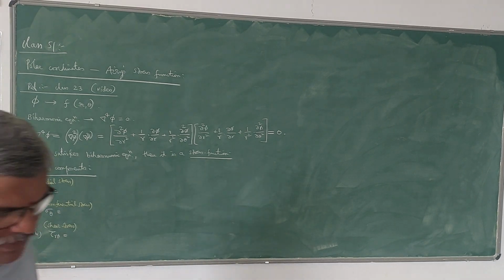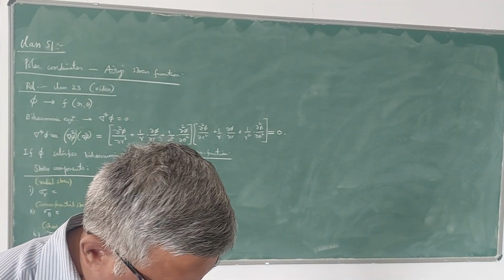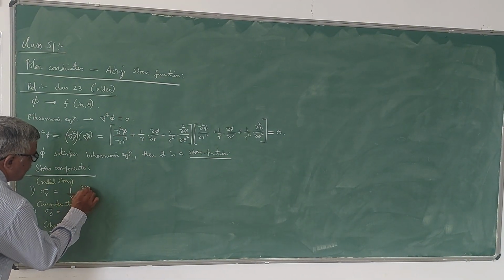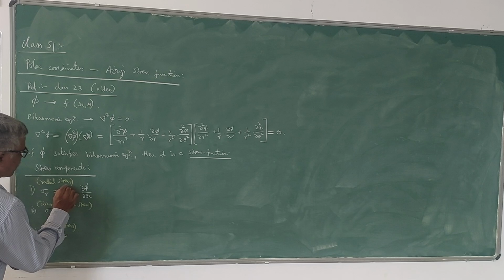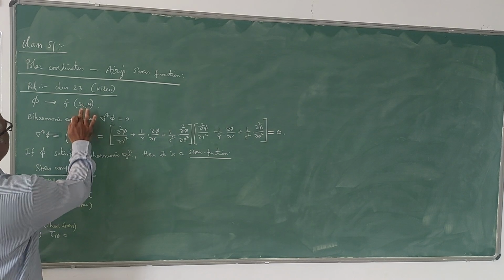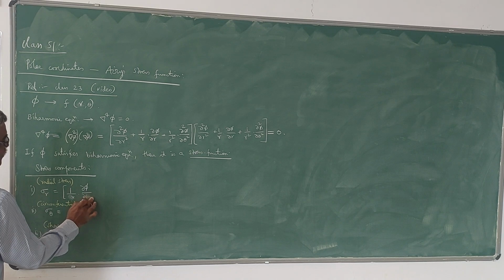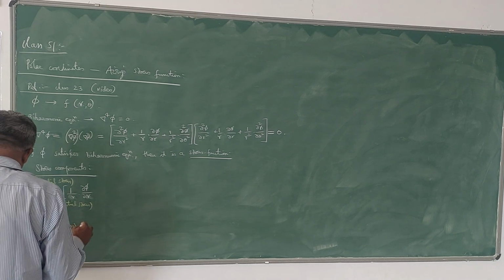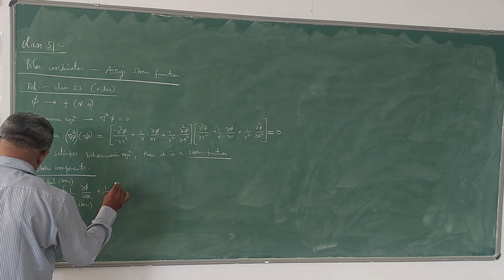The formula to find these stresses, we have to remember. Sigma r is given by 1 by r into dou phi by dou r plus 1 by r square into dou square phi by dou theta square.